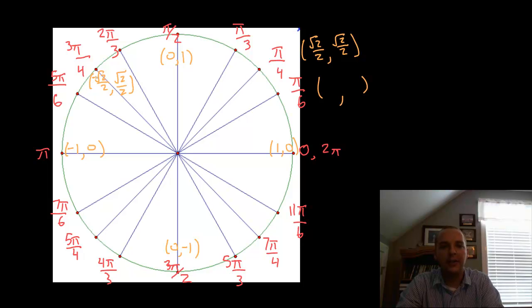So you notice I said negative root 2 over 2 comma positive root 2 over 2. The third quadrant is a minus minus, so I'll say minus root 2 over 2 comma negative root 2 over 2. And the fourth quadrant has a positive x, that's root 2 over 2 comma a negative y value, negative root 2 over 2.